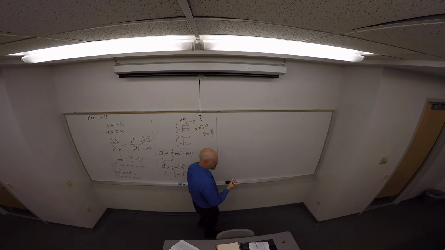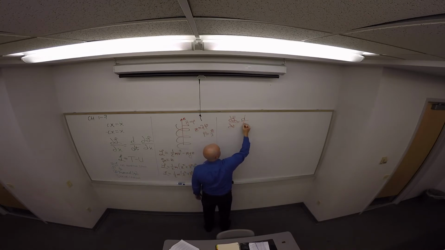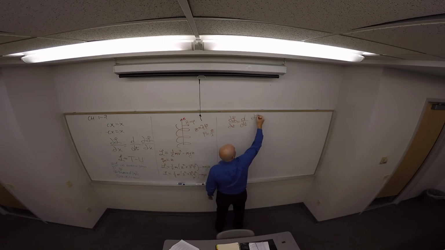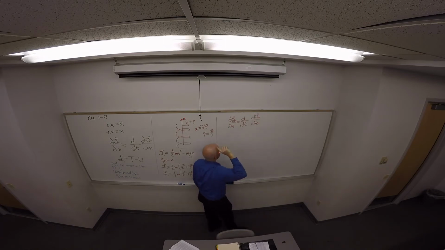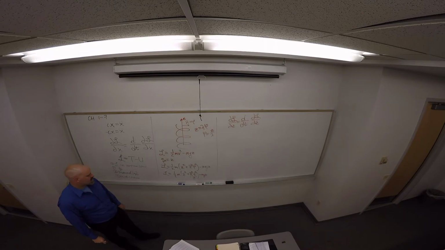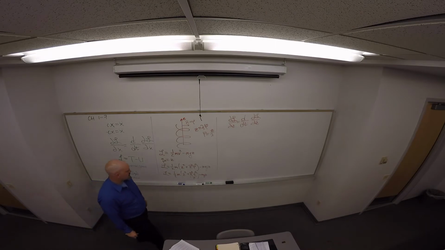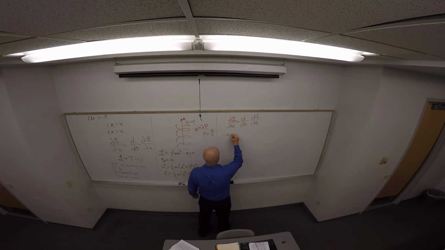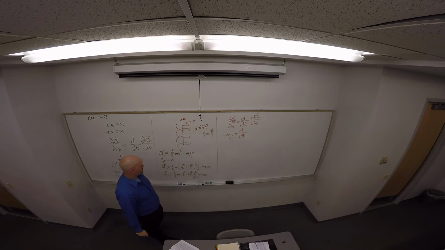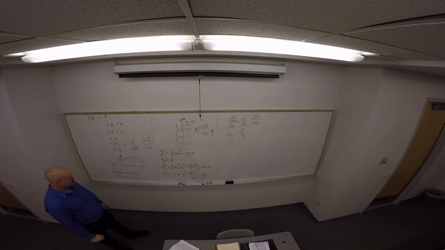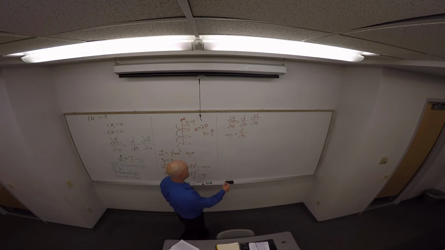What is our Lagrange equation then? Partial of L with respect to z is equal to the time derivative of the partial of L with respect to z dot. Okay, what's dL/dz? Minus mg. Concur? d/dt of 1/2 times m times quantity 1 plus r squared over lambda squared times 2 z dot.